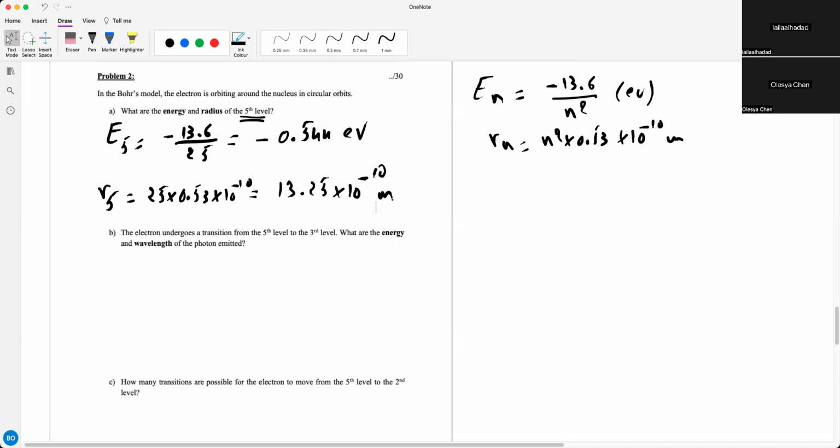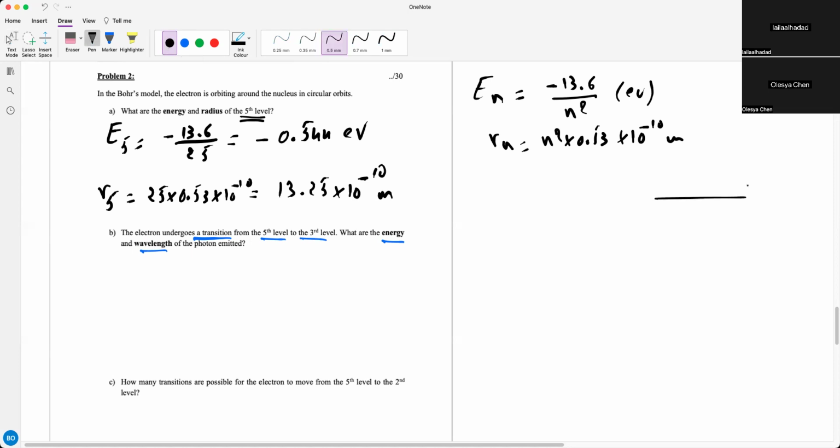Now, the question here, the electron undergoes a transition from the fifth level to the third level. What are the energy and the wavelength of the photon emitted? Okay. Now we apply what you just said, right?